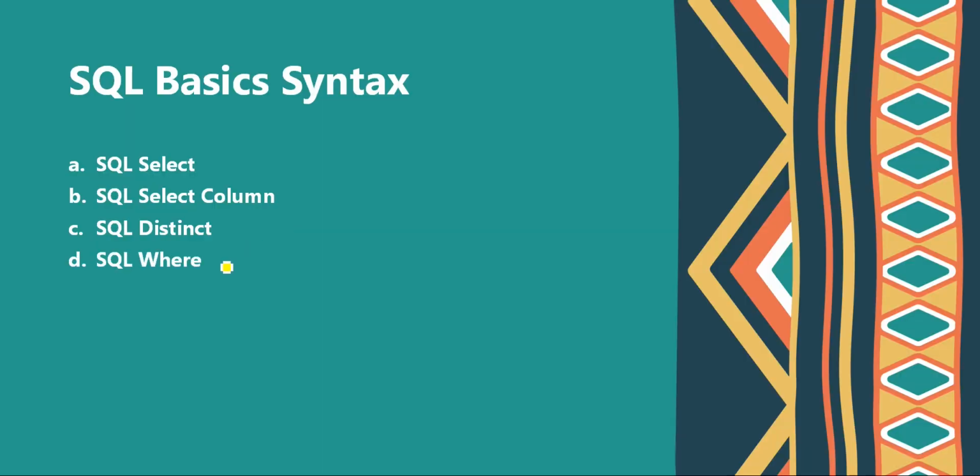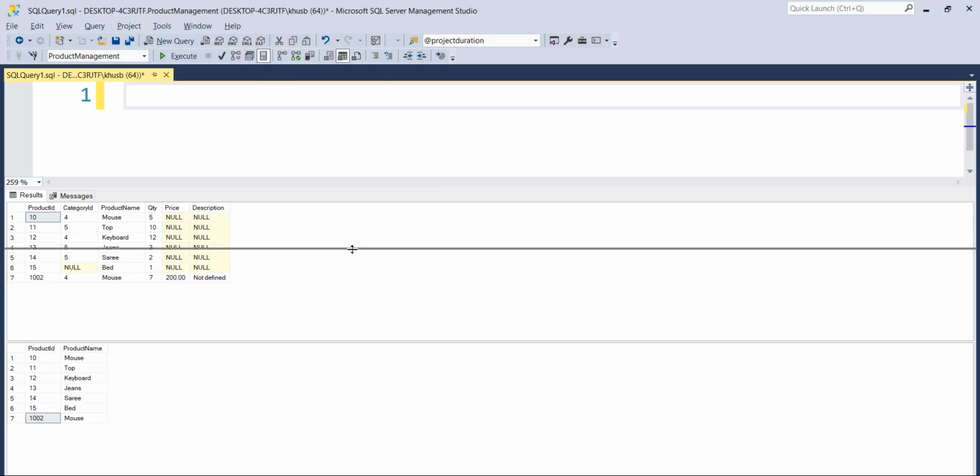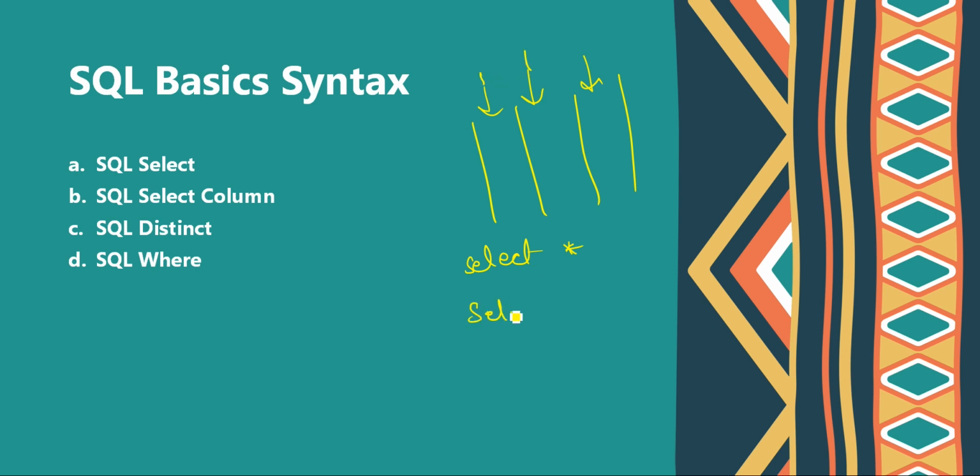Now we have where clause. So as of now we have only specified, if I want to select all the columns, then I will write select star, and if I just want these 2 columns, then I need to write select and the name of the columns, right?